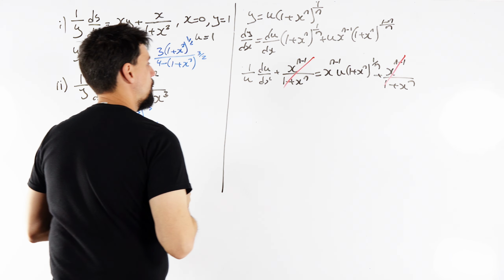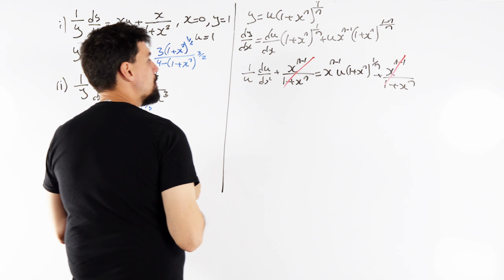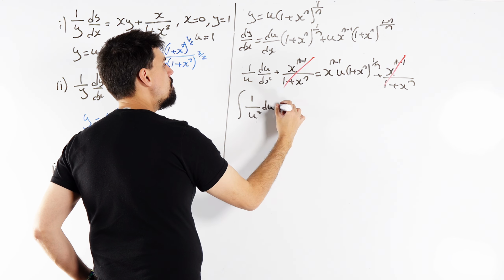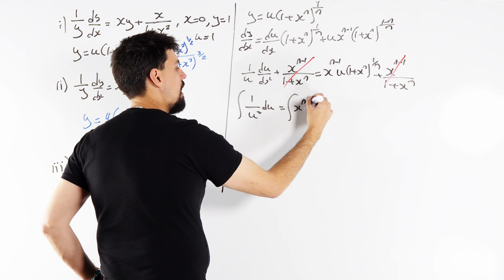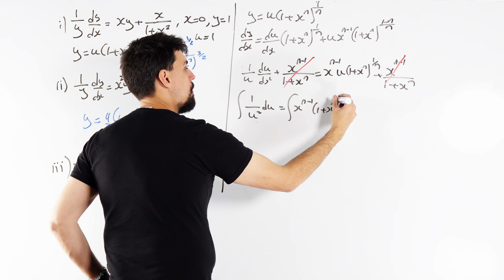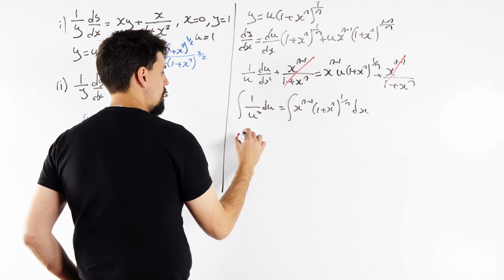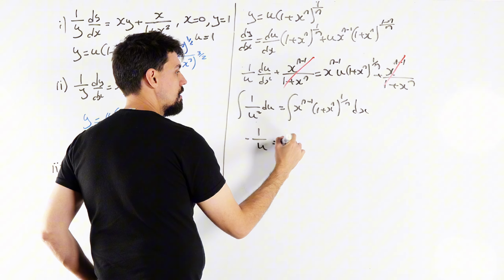Kablam, kablam. So we are again left with the integral of 1 over u squared du is equal to the integral of x to the n minus 1, (1 plus x to the n) to the 1 over n dx. That gives me 1 over u.